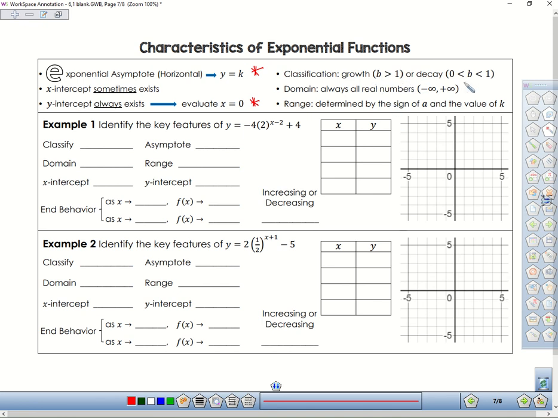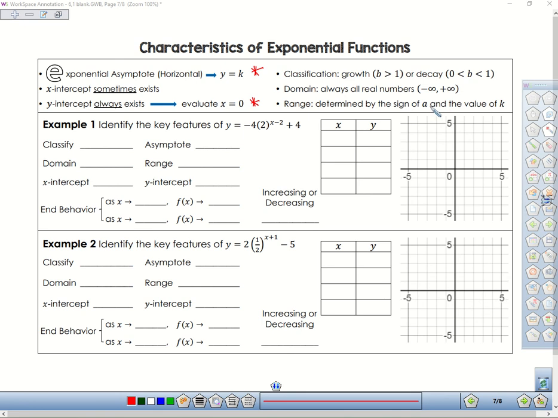Now, you can classify and know if it's going to be growth or decay based on your b value. So your b value is the one that has the exponent in it, okay? So you can do that by looking at its b value. And in this case, domains are always all real numbers. So the domain is always all real numbers for every exponential function, so you don't ever have to worry about figuring out the domain.